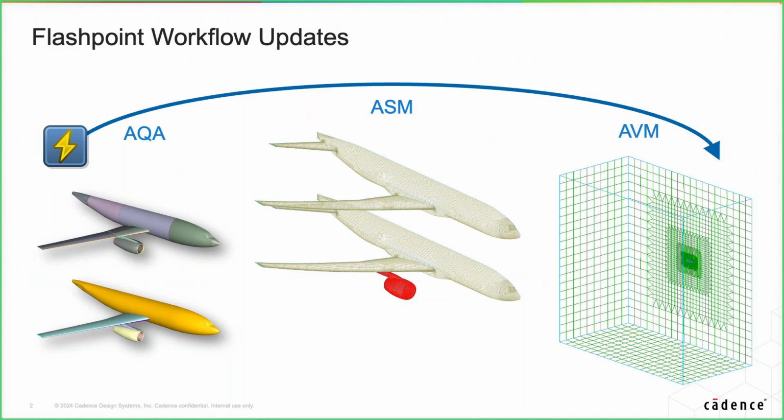So as an overview of the Flashpoint tools, on the left-hand side, you see an acronym AQA that stands for Assisted Quilt Assembly. This is the capability that went in our last major version, 2023, which provides the tools for users to take their geometry that they've imported into Pointwise and more rapidly organize and assemble that geometry into what we refer to as quilts in Pointwise, which will become meshing regions.